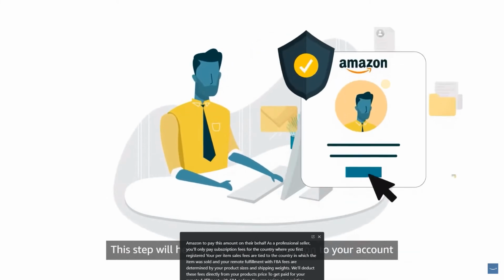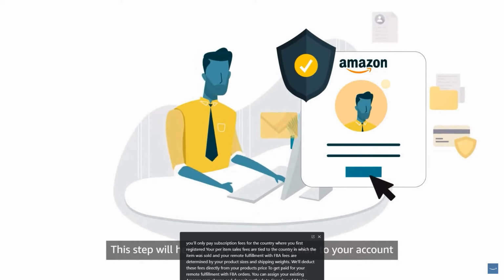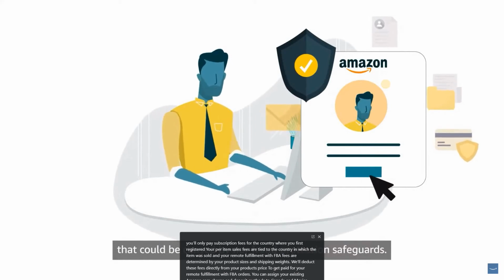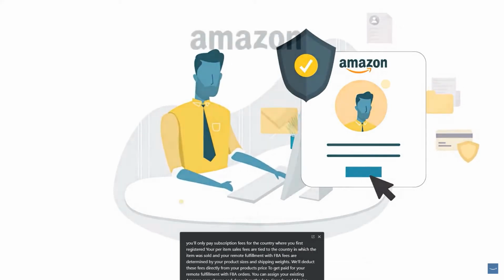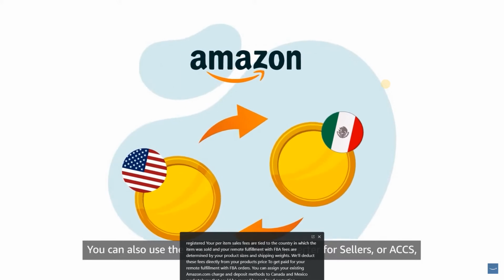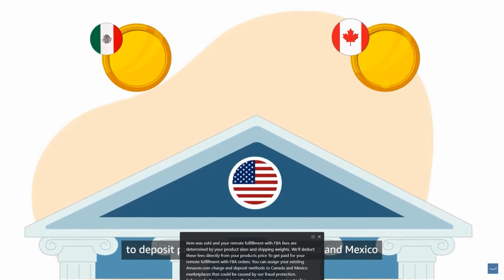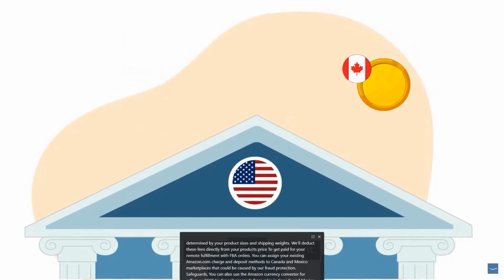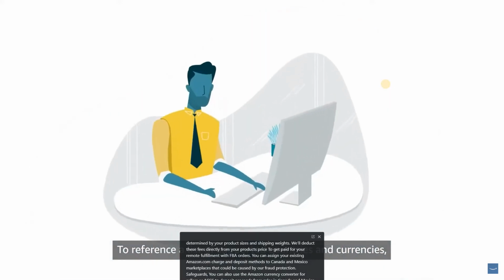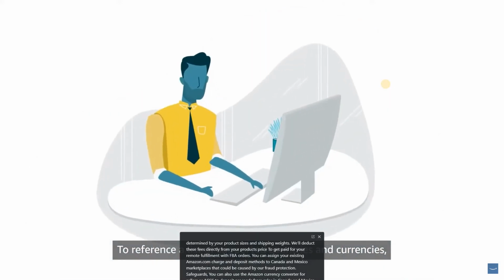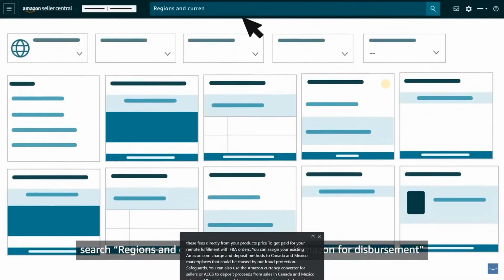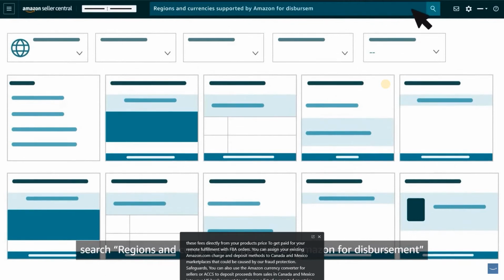This step will help you avoid any disruption to your account that could be caused by our fraud protection safeguards. You can also use the Amazon Currency Converter for Sellers, or ACCS, to deposit proceeds from sales in Canada and Mexico into your U.S. bank account. To reference a list of supported countries and currencies, search Regions and Currencies supported by Amazon for disbursement in Seller Central.